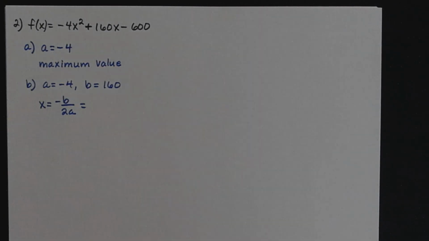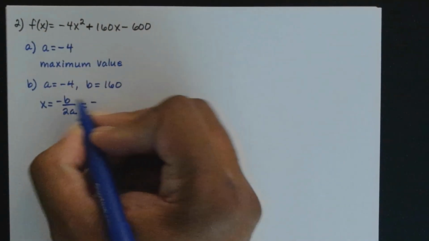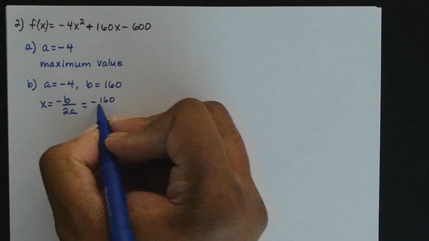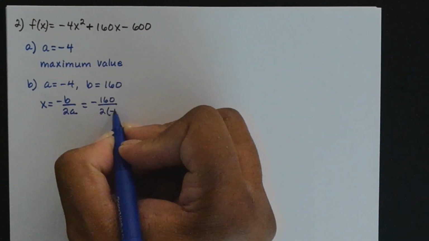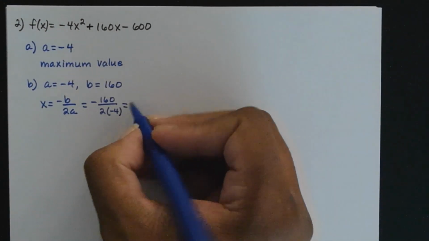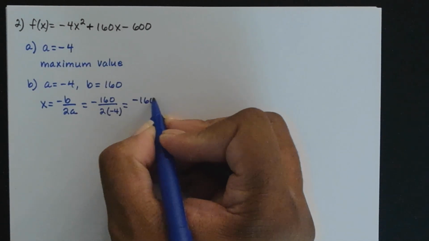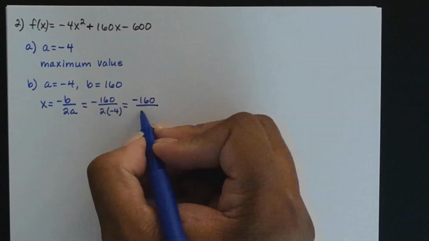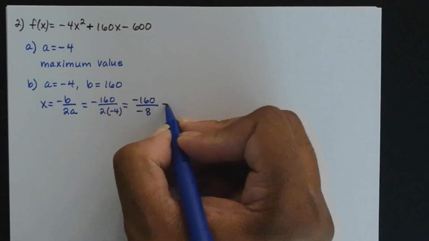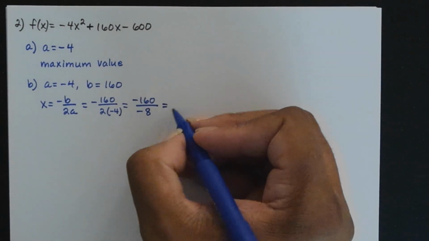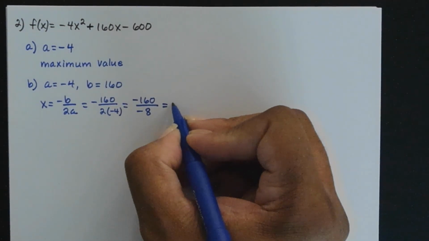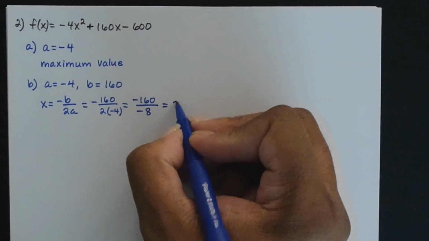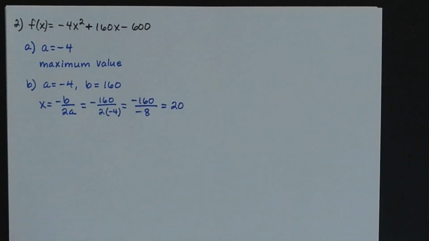So just substituting here, we're going to have negative of b, which is 160, over 2 times a, which is negative 4. So here I'm going to have negative 160 over 2 times negative 4, that's negative 8. What's negative 160 divided by negative 8? 20. So we know the maximum value occurs when x is equal to 20.